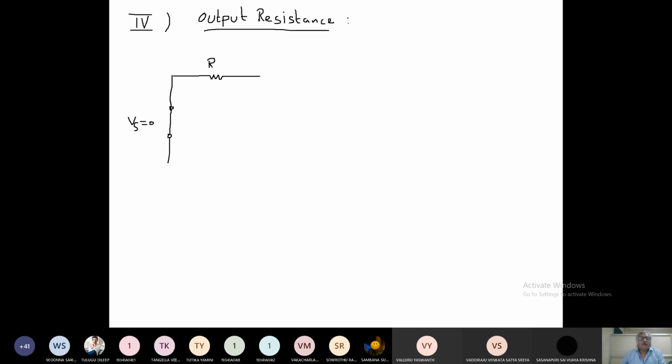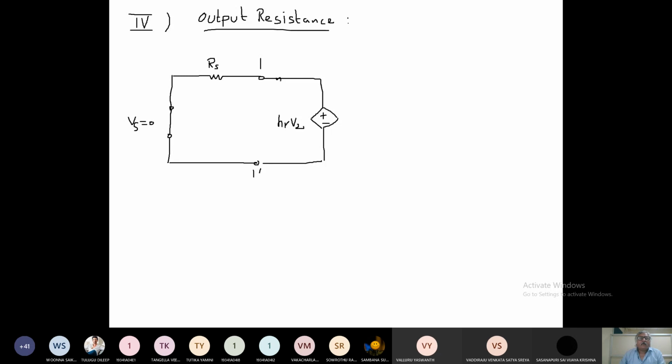Here this is RS, and this is terminal 1 dash, this is voltage source HR V2.